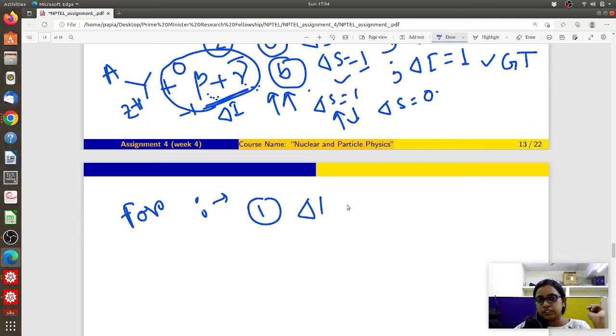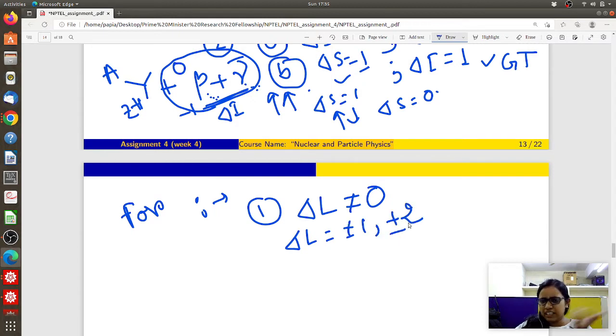Obviously delta L should not be 0, because delta L equals 0 is for allowed transitions. There are many forbidden states, but right now I am only going to tell you about the first forbidden region. So delta L should not be 0, and it should be, let's say, plus minus 1, plus minus 2, something like that.